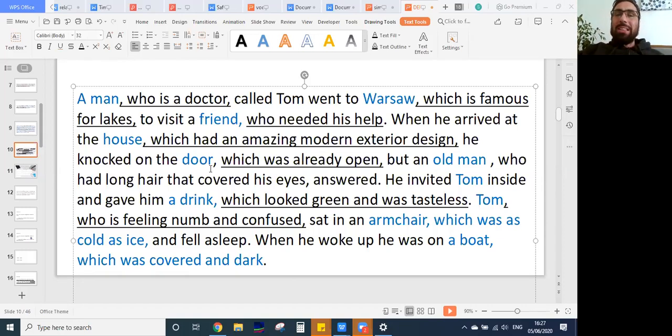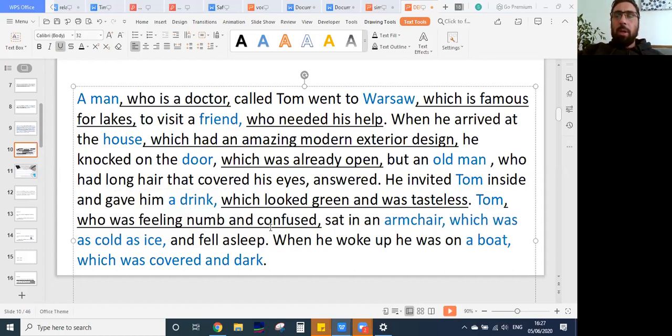He invited Tom inside and gave him a drink, which looked green and was tasteless. Tom, oh, it should be who was, yeah? Tom, who was feeling numb and confused, sat in an armchair, which was as cold as ice, and fell asleep. When he woke up, he was on a boat, which was covered and dark.